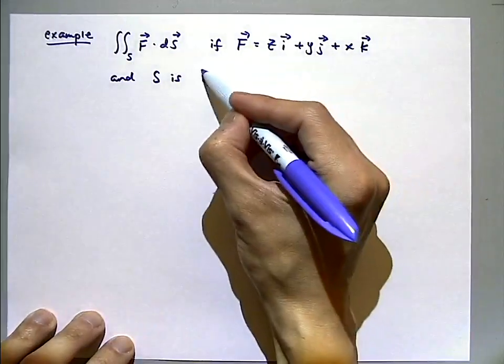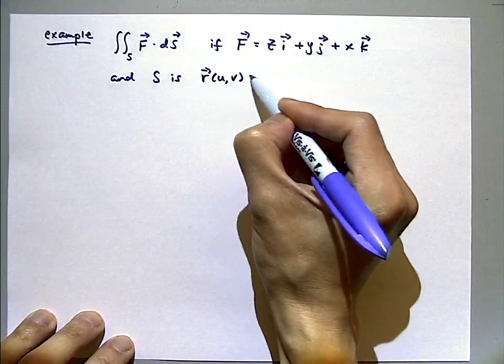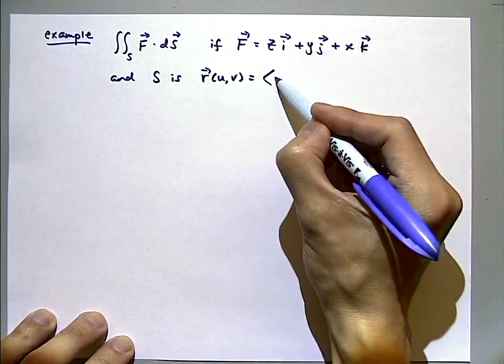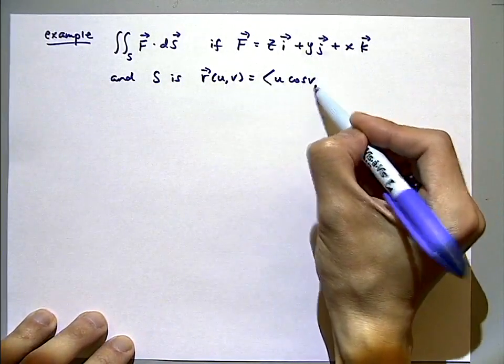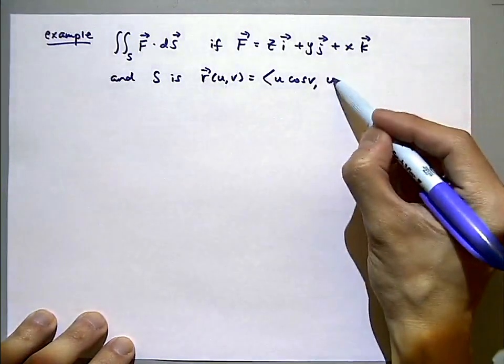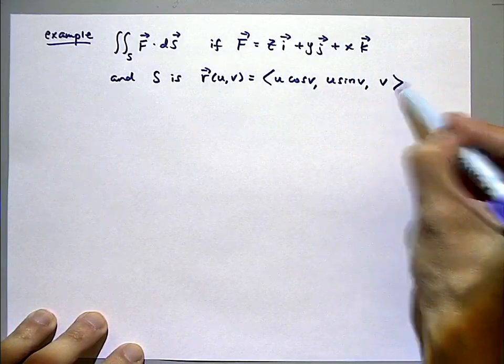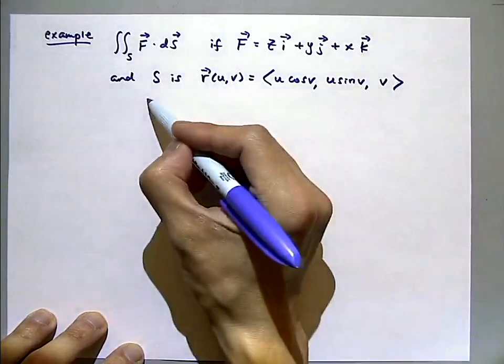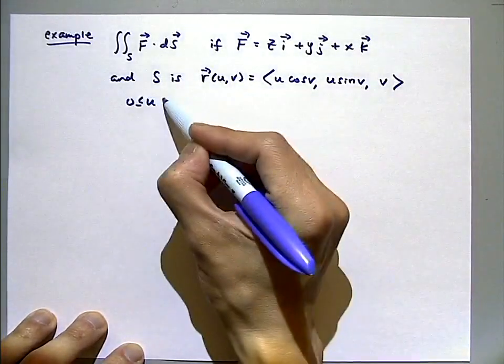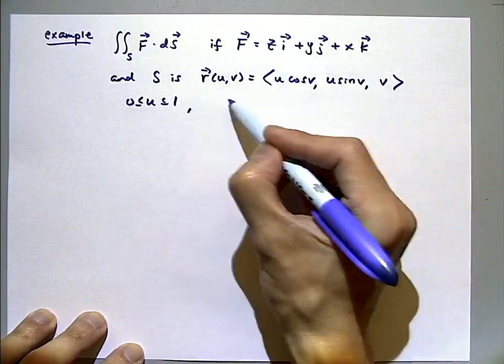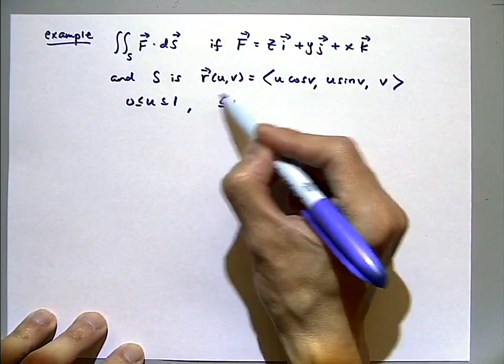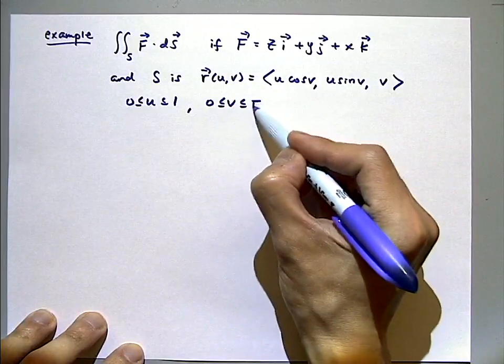And our S surface can be parameterized this way. U going between 0 and 1, and V is between 0 and pi.